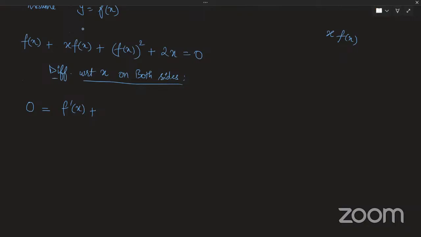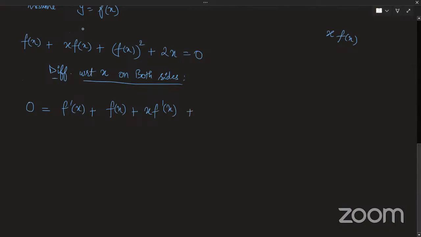First term derivative, second term constant, plus the other way around in the second term. So you differentiate x and then keep the other as it is. What is the derivative of x? 1. So 1 into f of x, plus f of x, now you keep x as it is and take f dash x.